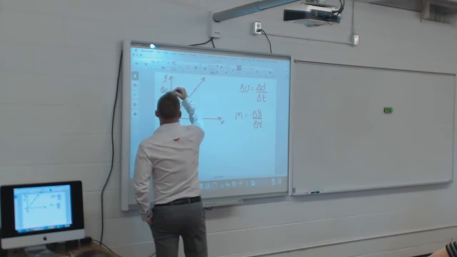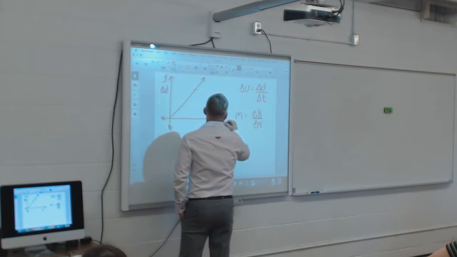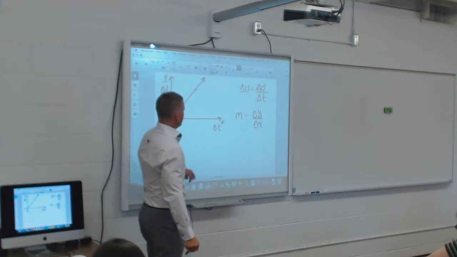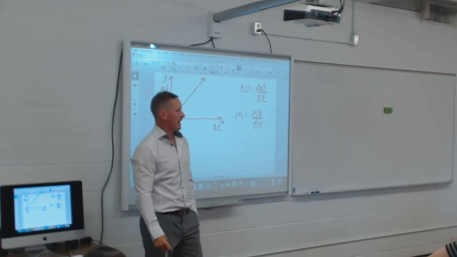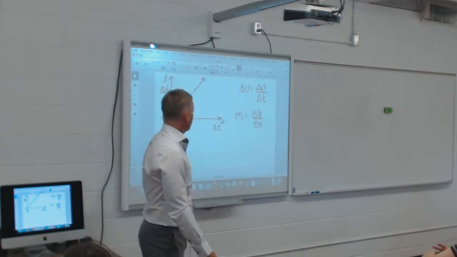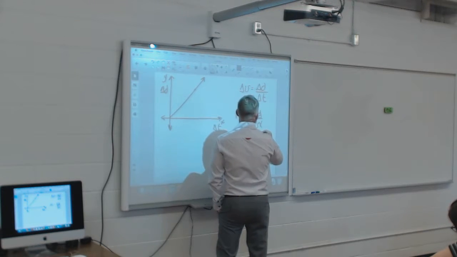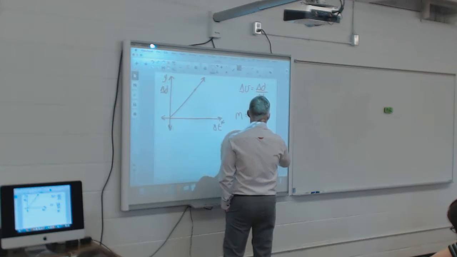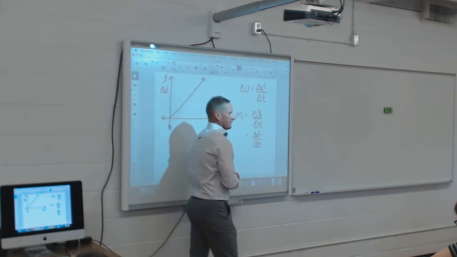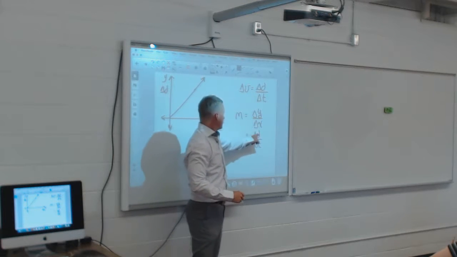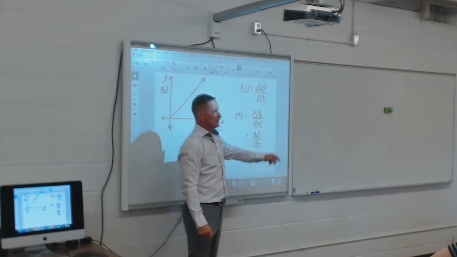I'm going to do a displacement time graph in which my displacement is y and my time is x. So if that's the case, that means that this becomes delta d over delta t. We agree? And what does delta d over delta t give me?